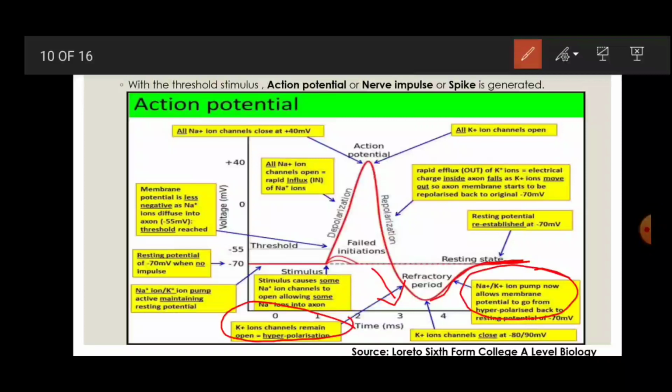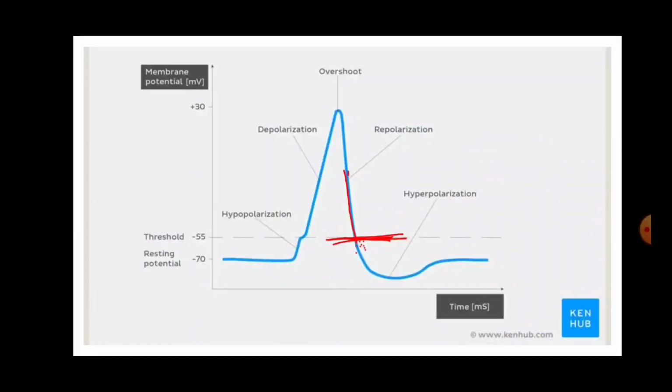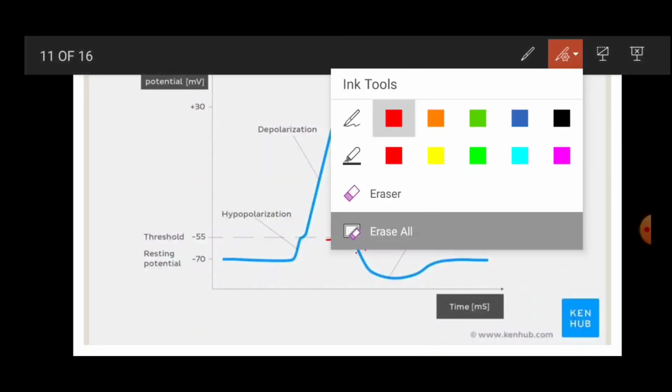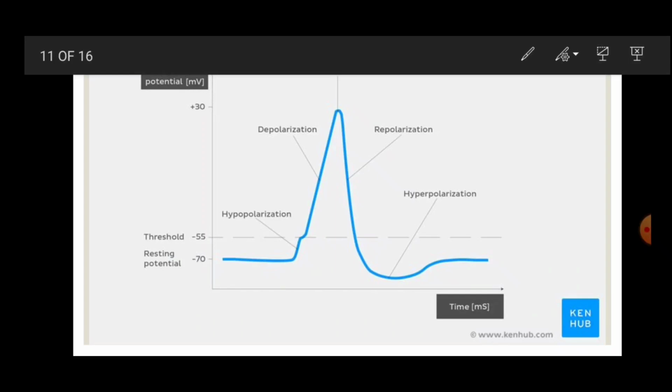So let's see it with a clearer graph. Here, as you can see, this is the threshold potential, minus 55 millivolt, this is the resting membrane potential, minus 70 millivolt, and this shows that dip, the time for which the potassium channels remain open for a longer time, and this is referred to as hyperpolarization.